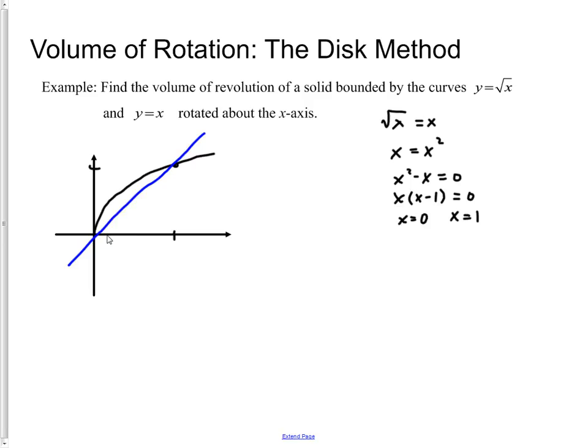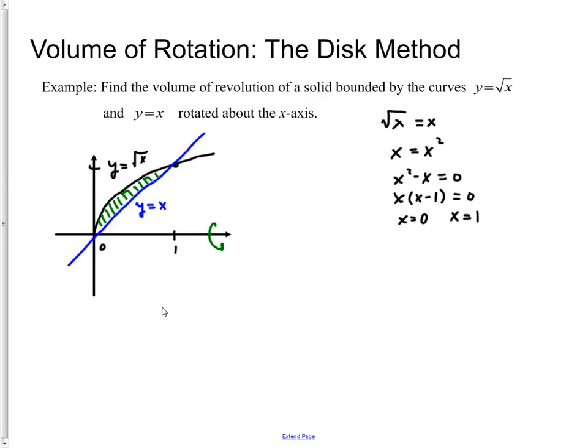We want the area between these two curves to be rotated about the x-axis. So we've got the line y equals x down below as our lower function, and we've got the curve y equals the square root of x as our upper function. We're going to do this on the interval from 0 to 1.